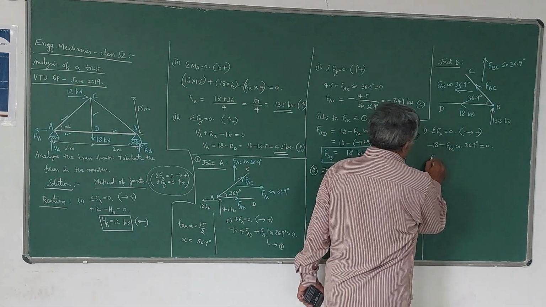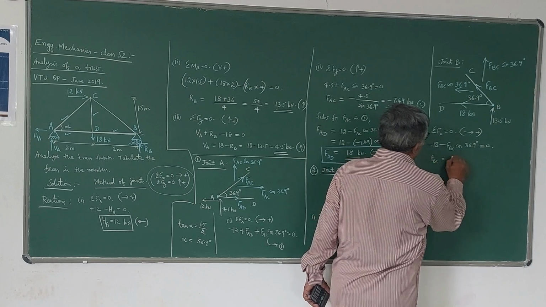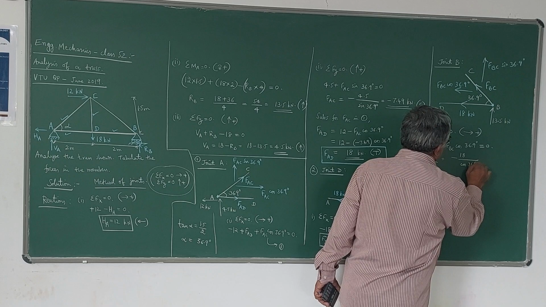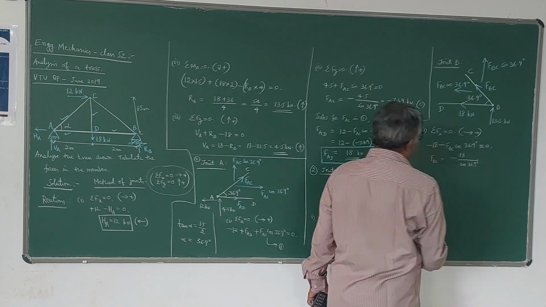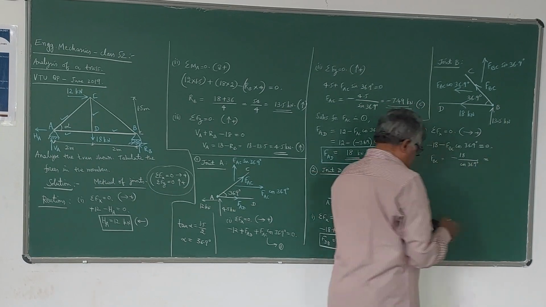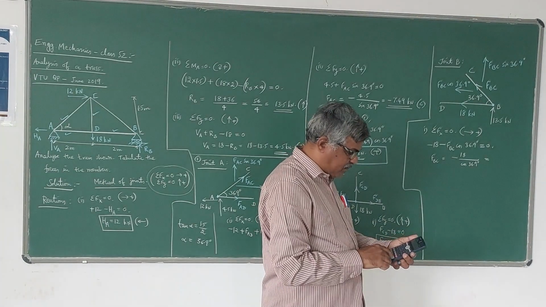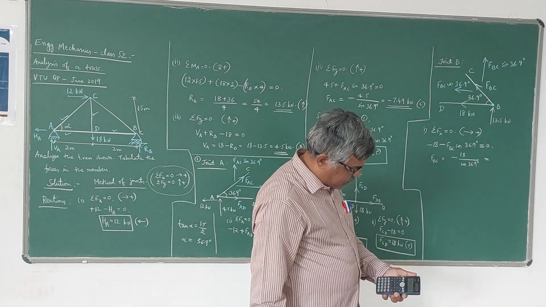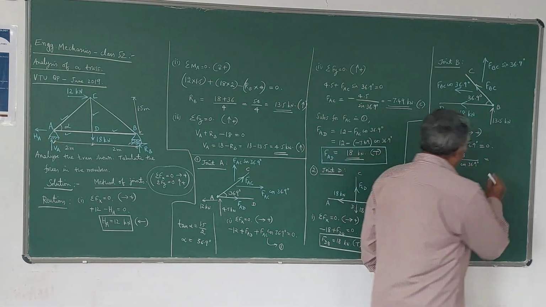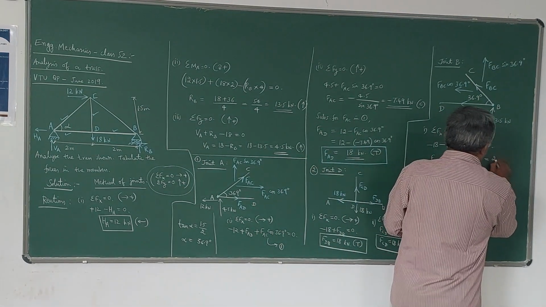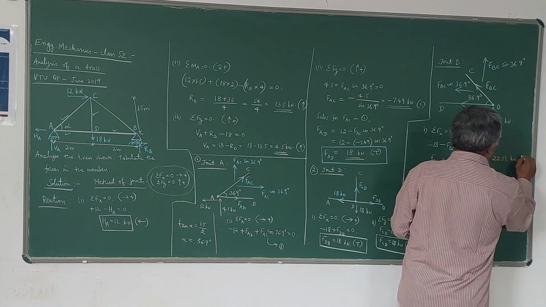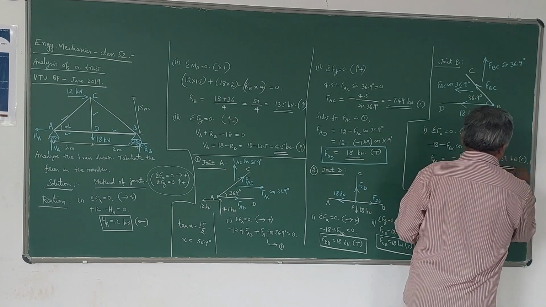Now FBC is equal to, according to this, minus 18 divided by cos 36.9 degree, which is 22.51 kilonewton with the negative sign. Negative sign indicates that it is compressive force.